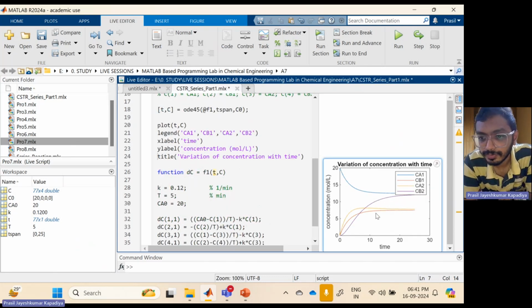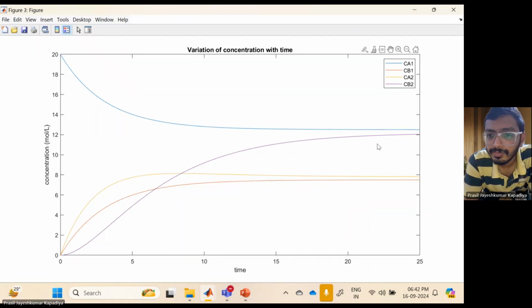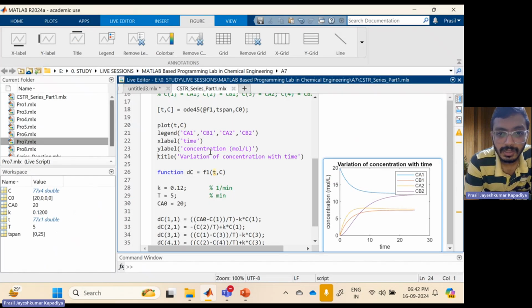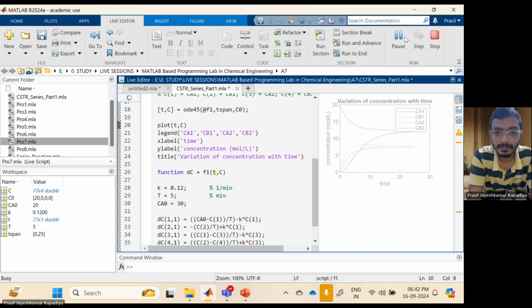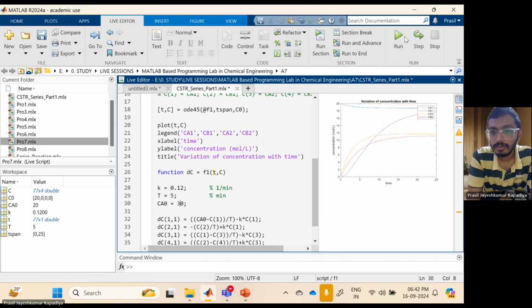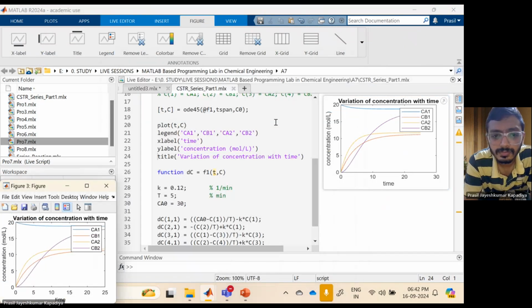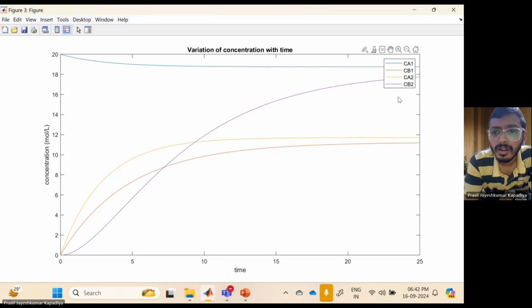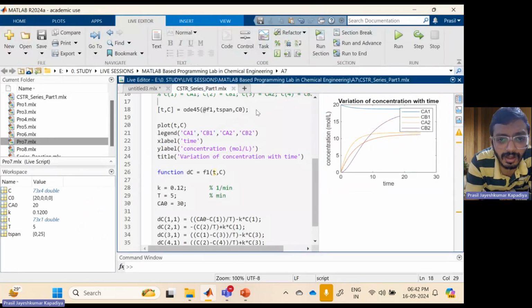So see now also, it has reached steady state after some 24, 25. Or if I plot it for 30, I will clearly see steady state. Wait, I have made some mistake.